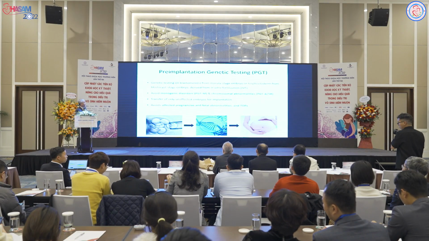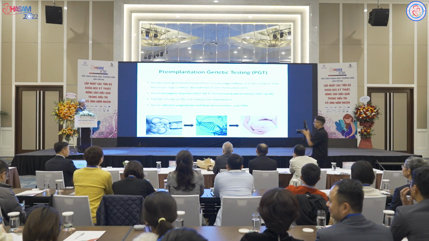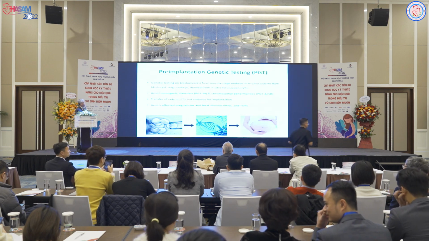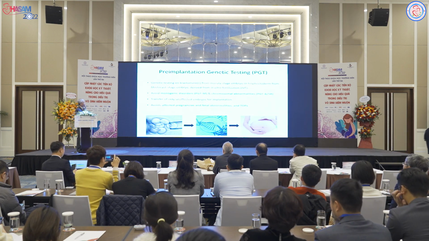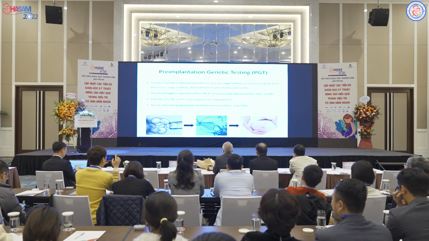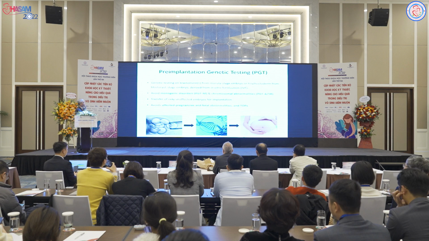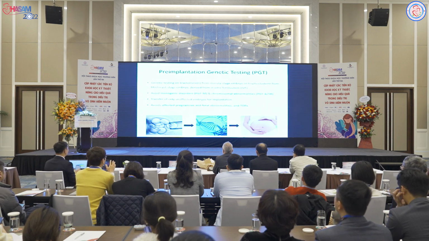Now I don't want to go through this because Dr. James has already talked much about it. Basically, you can use blastomeres from day 3 embryos or trophectoderm from blastocyst stage embryos, which are derived by in vitro fertilization or by ICSI.